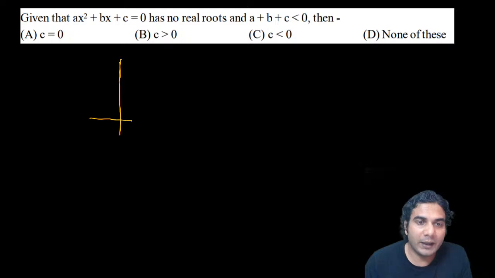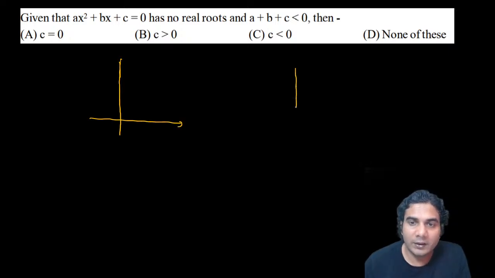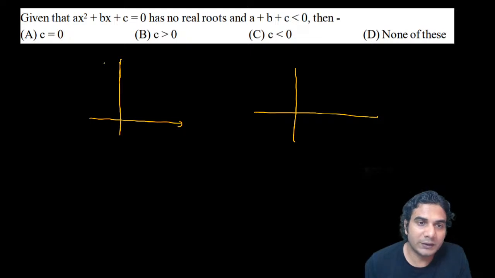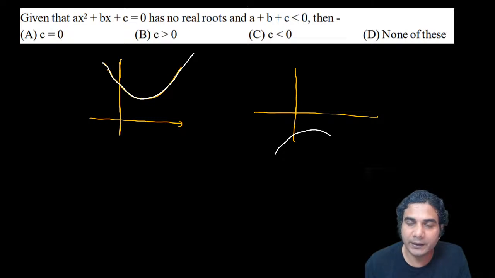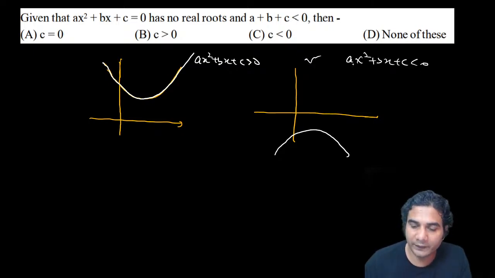So whenever you have discriminant less than 0, there are two cases: the third one, where the graph is completely up, or the sixth case, where the graph is always negative. That means either ax square plus bx plus c is always positive, or it is always negative.